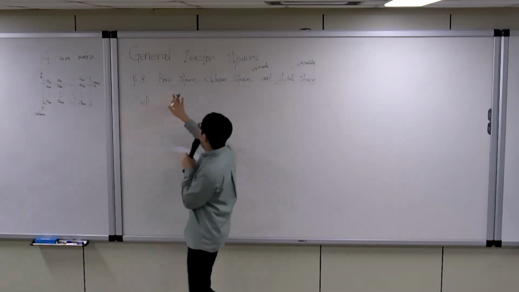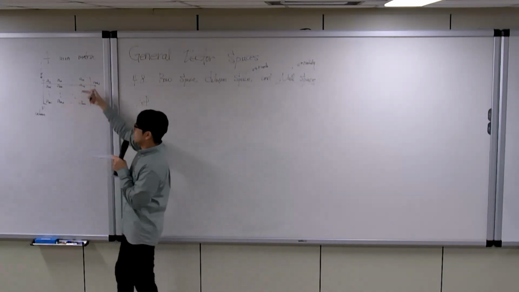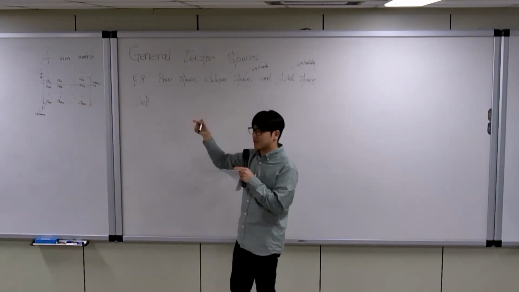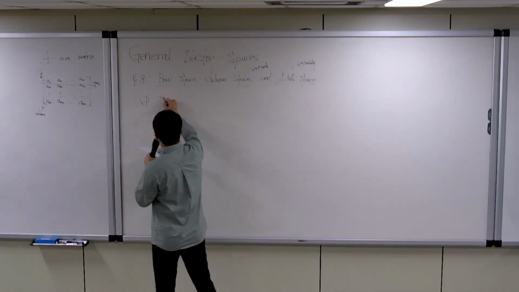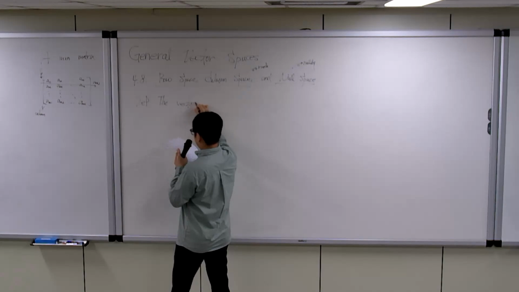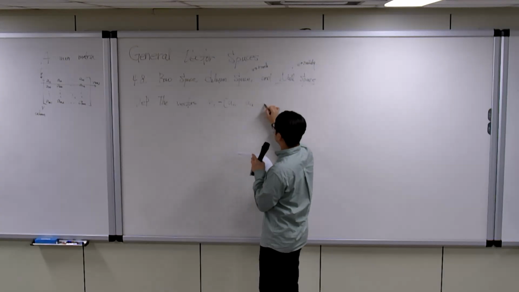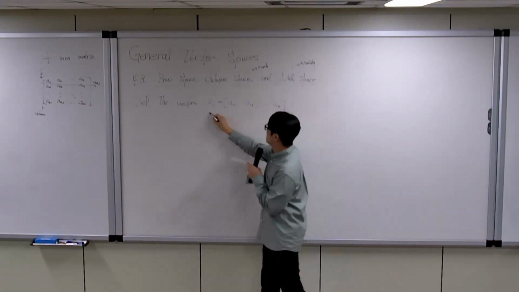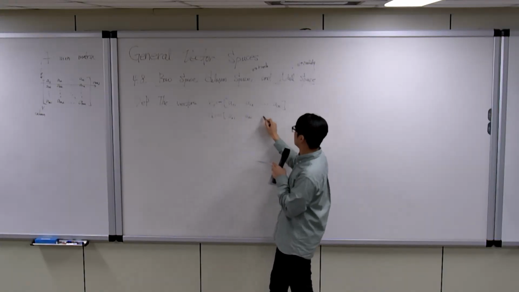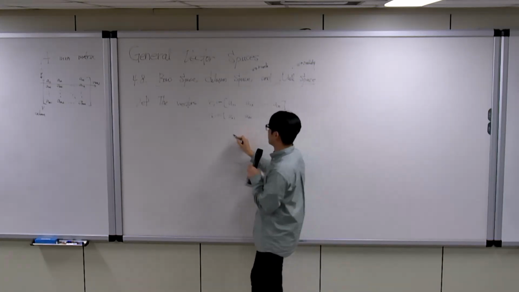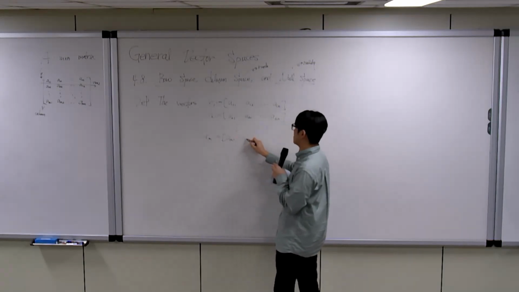So to construct the row space and column space, we will divide the matrix into row vectors and column vectors. That means the vector R1 is A11, A12, A1n, R2 is A21, A22, A2n. In the same way, we can define Rm as Am1 to Amn.